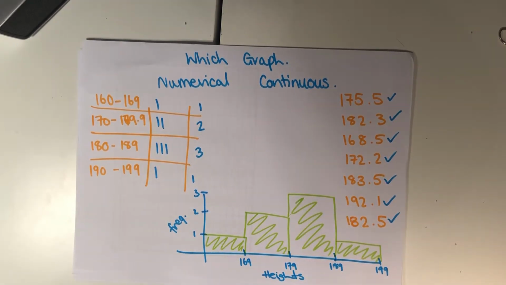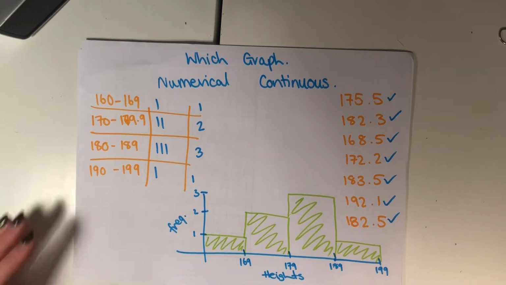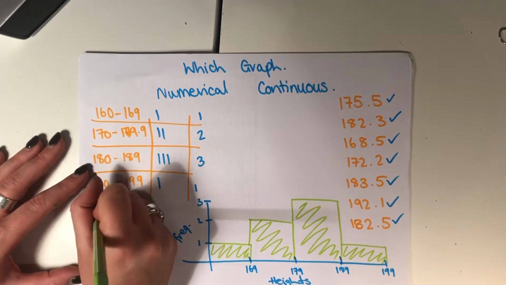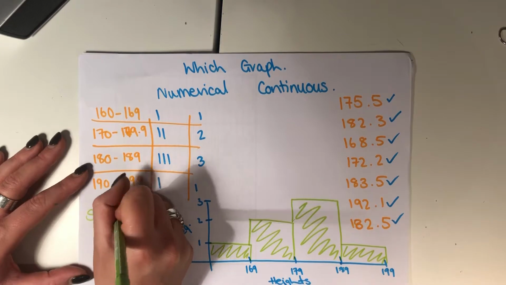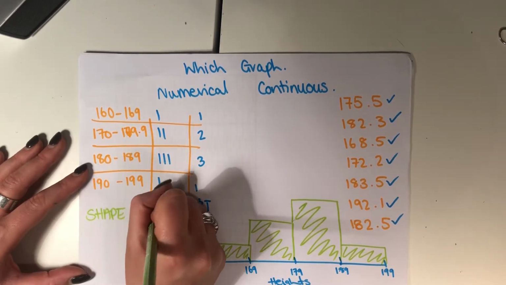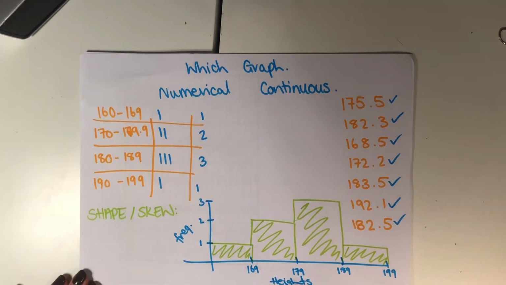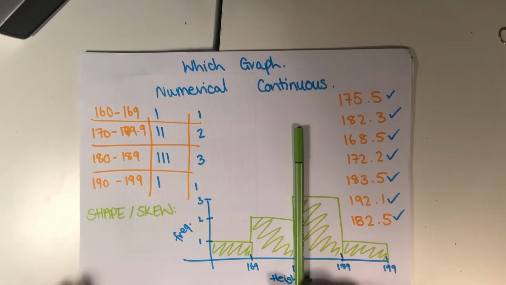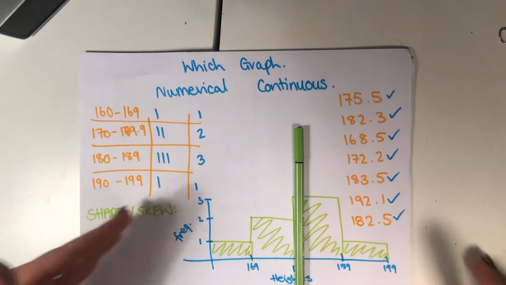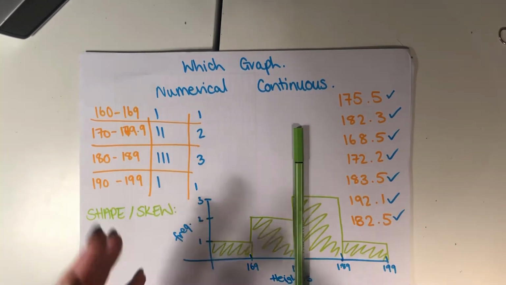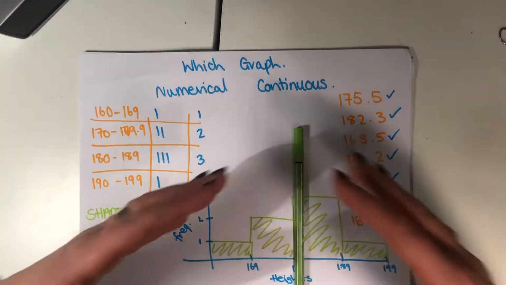Now from here, what I can ask you is to describe the shape, or skew. If I put a pen here, that's pretty symmetrical. There is a pretty similar amount of values above and below that shape.